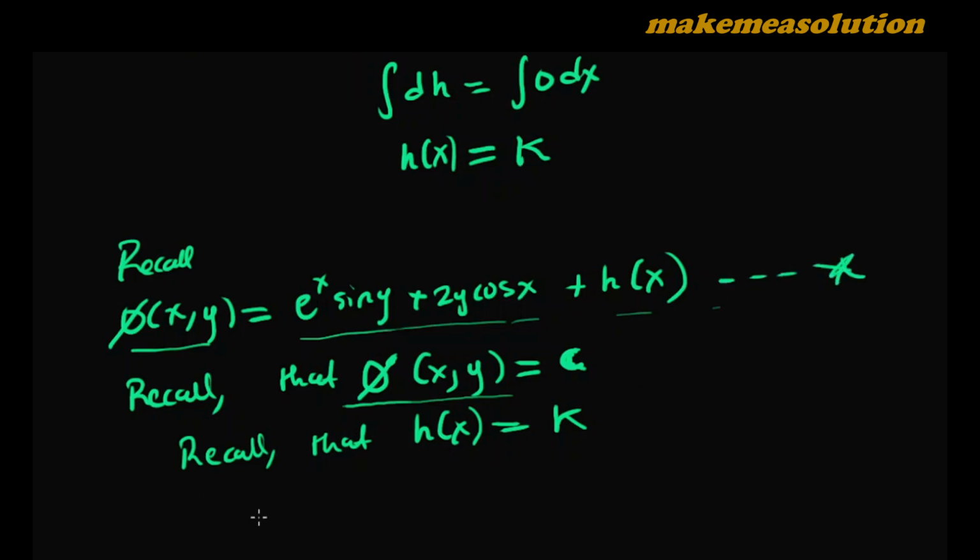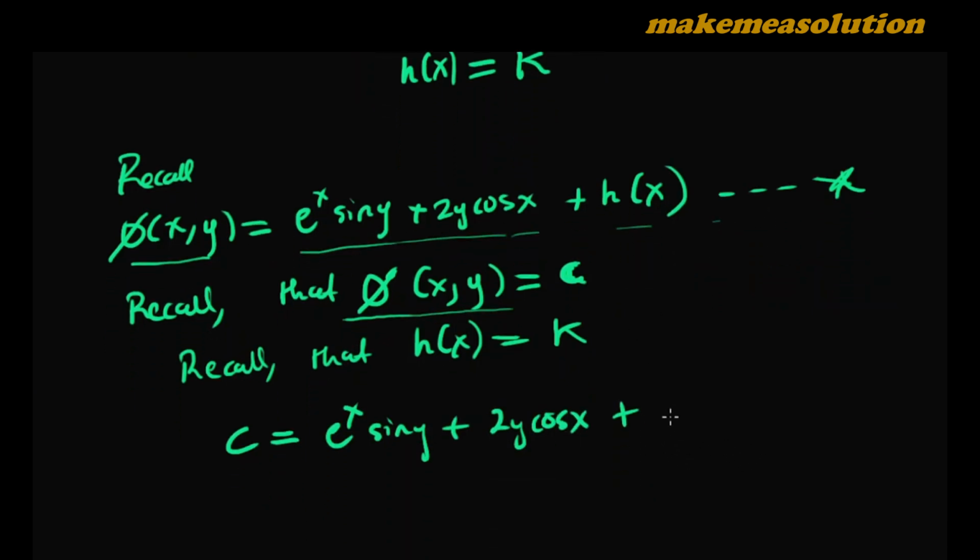So our phi of x comma y is equal to c, then exponential x sin y plus 2y cos x, then plus h of x is now k. Is that okay? So when you evaluate it, you have exponential x sin y plus 2y cos x is equal to c minus k.